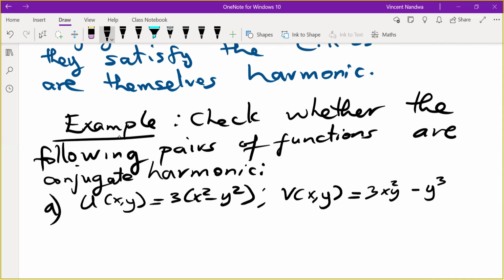Remember, the first test is to show that each of them is harmonic, and then show that the two functions satisfy the Cauchy-Riemann equations.